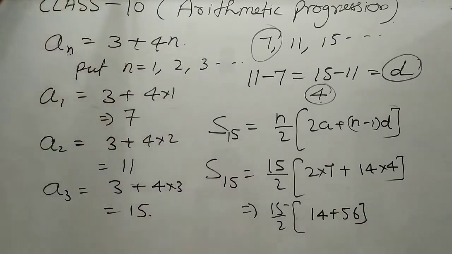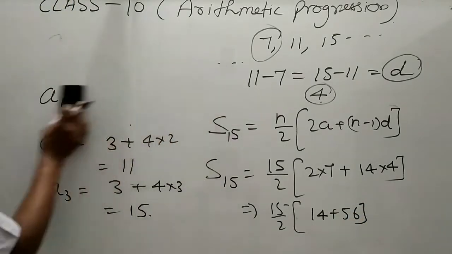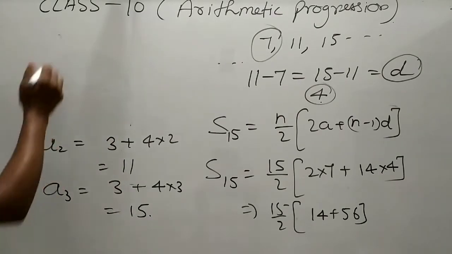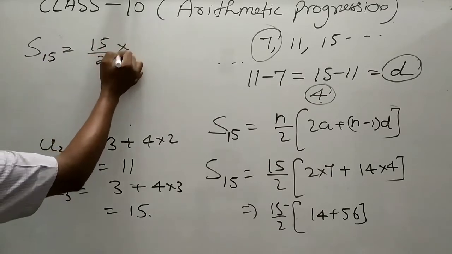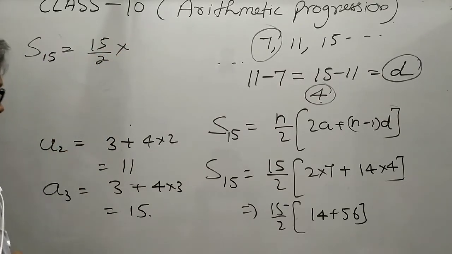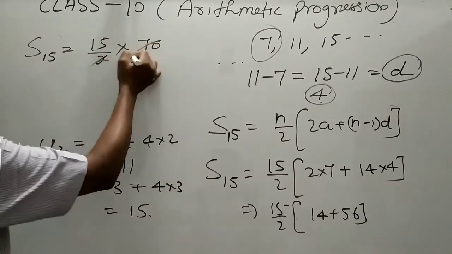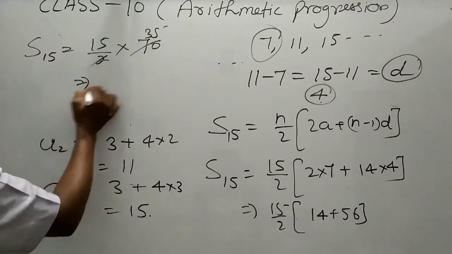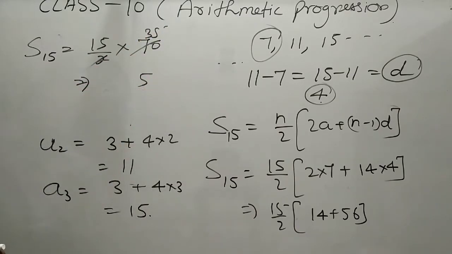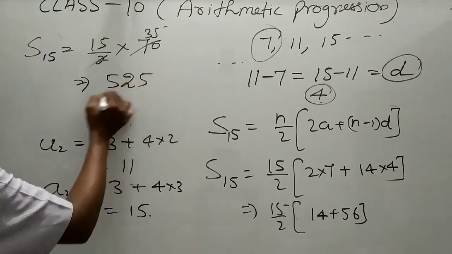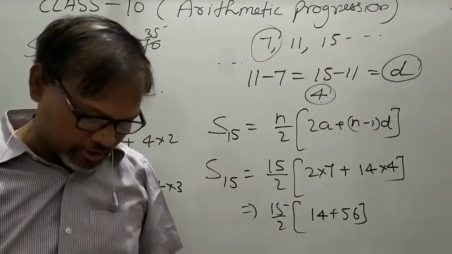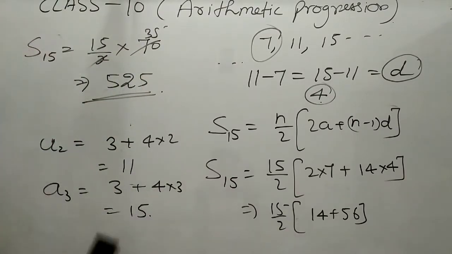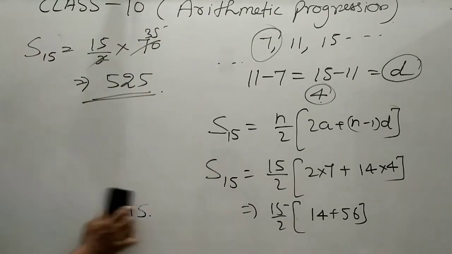So S15 is equal to 15 by 2 into 70, that is 35 times 15, and 525 is the value of S15. So in this way it can be found. You can get the answer.